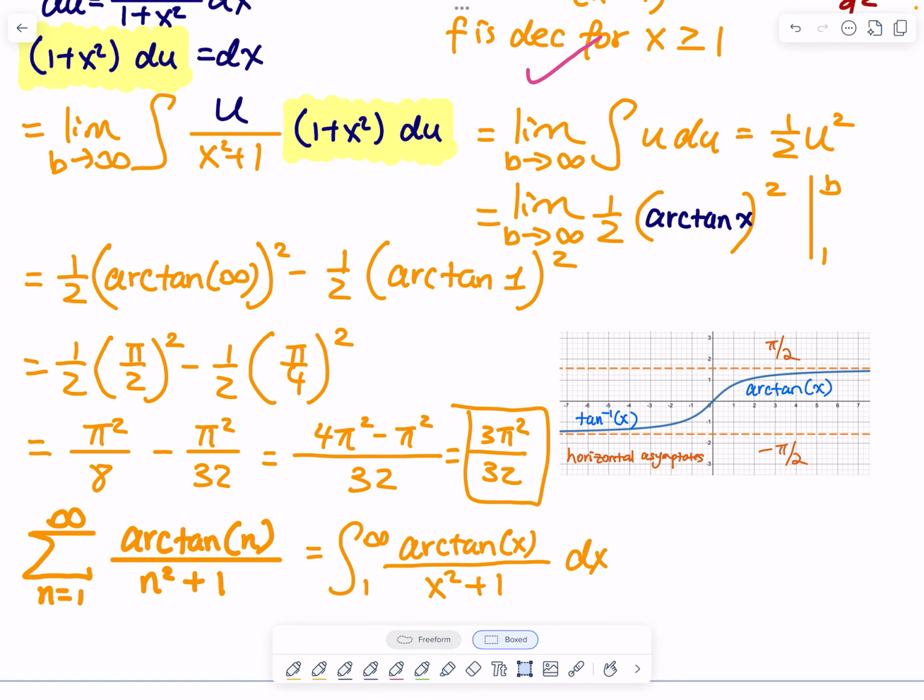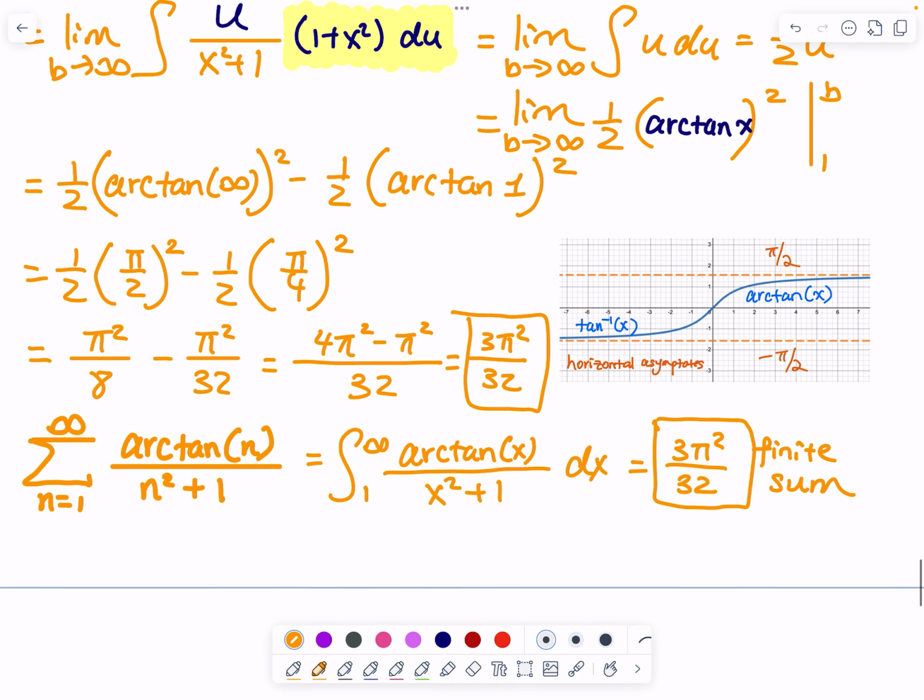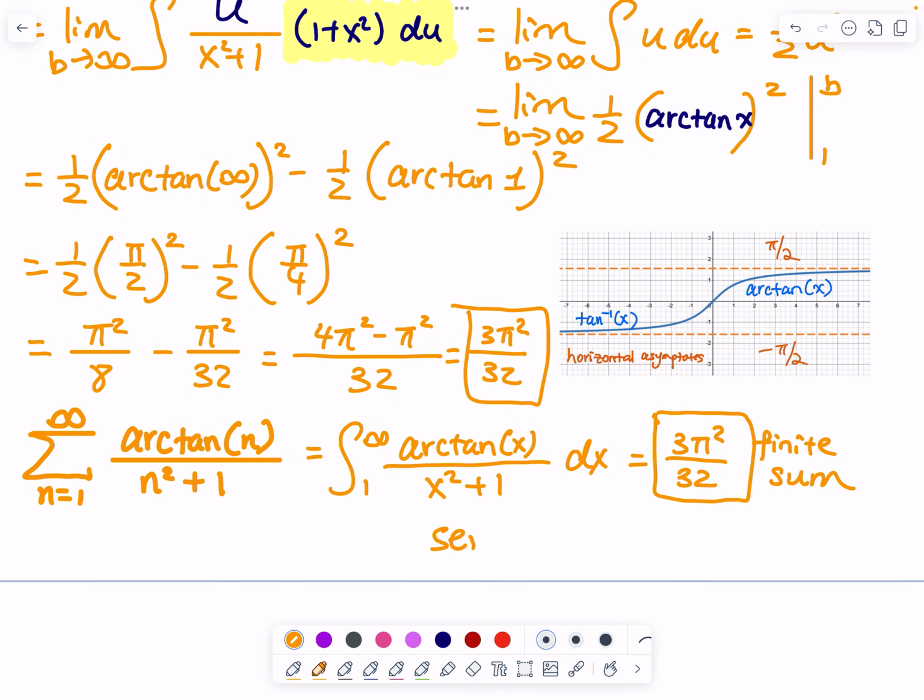This summation and this integral are equal to 3 pi squared over 32. This is a finite sum. It doesn't go to infinity, it is not undefined, so the sum is finite. That means we say the series converges by the integral test. You can add that to the back: by the integral test.